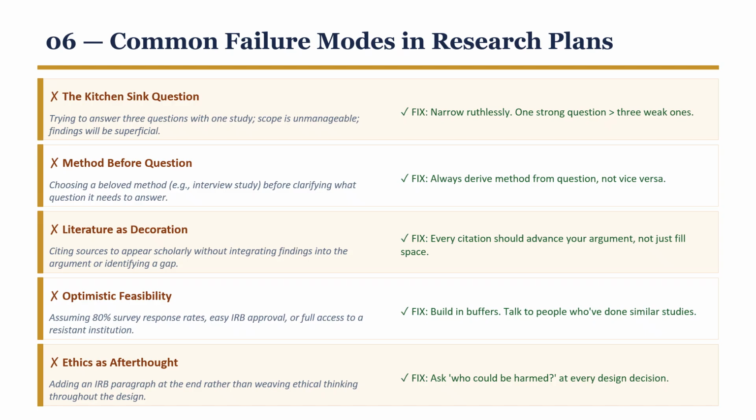The fourth pitfall is, it's feasible, but is it? You've got to think about the what ifs. What if it doesn't happen? The survey response rate is probably the biggest pitfall that people fall into. They think that people want to respond to their survey.